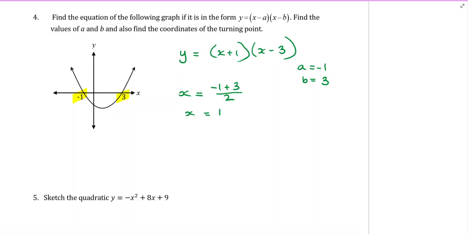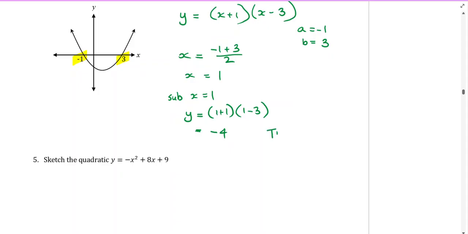That makes x equal to 1. Then I sub x equals 1 into my equation, which will give y equals 1 plus 1 and 1 minus 3. That's 2 times minus 2, which is negative 4. So the coordinates of my turning point are 1, negative 4.